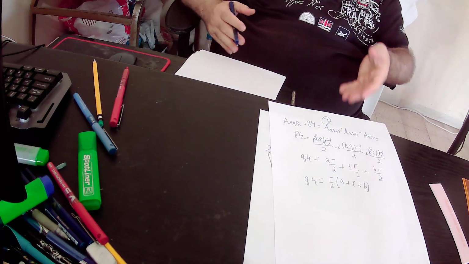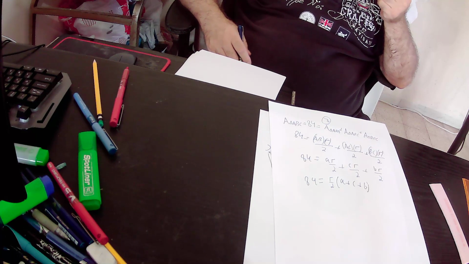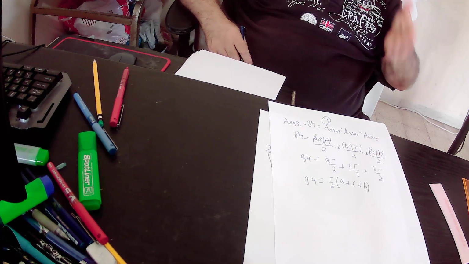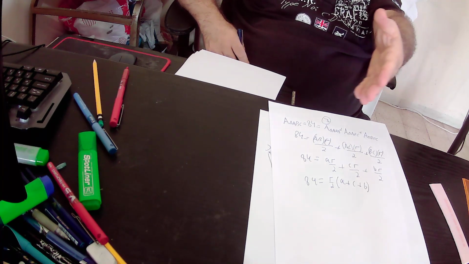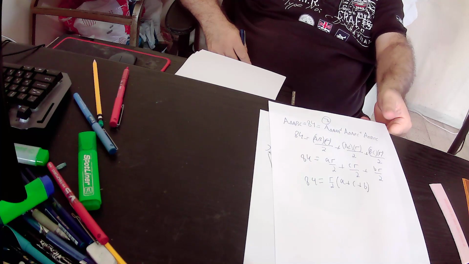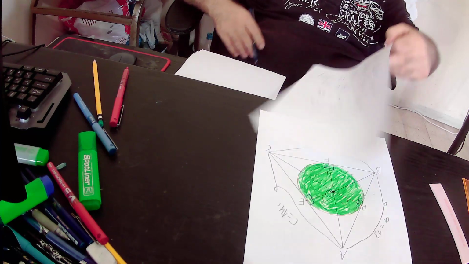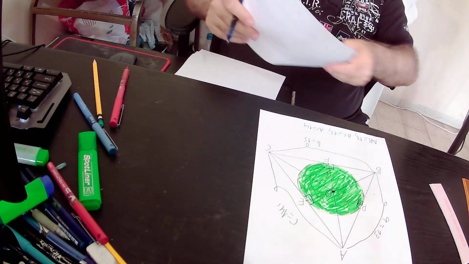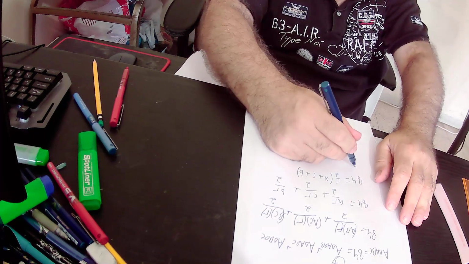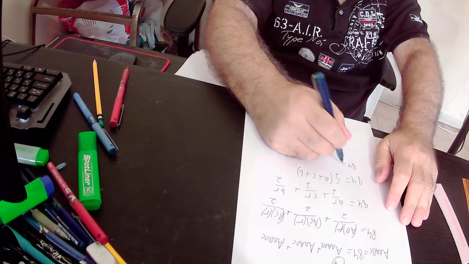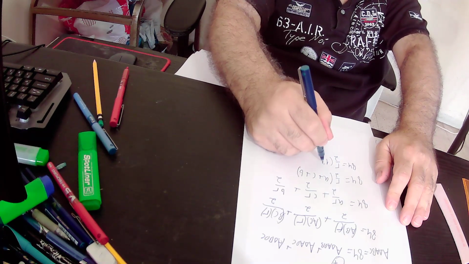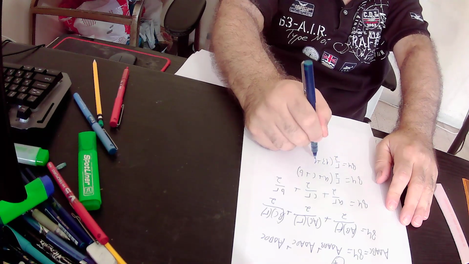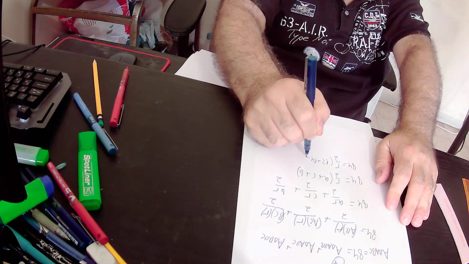But we know that A equals 13 units, C equals 14 units, and B equals 15 units. The only missing variable here is the radius of the green circle. So I write it down: 84 equals R over 2 times (13 plus 14 plus 15).